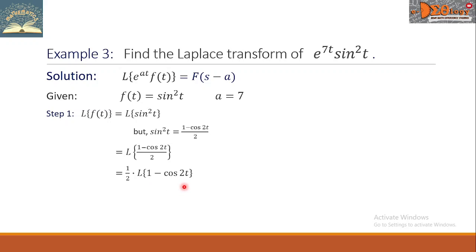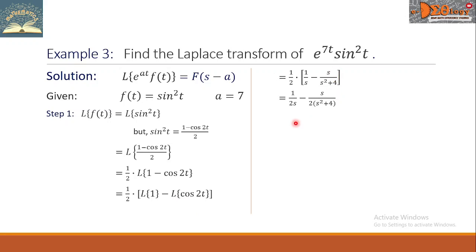From here, let us take the Laplace transform of respective terms, which means Laplace transform of 1 minus Laplace transform of cosine 2t. Let us evaluate the corresponding Laplace transforms. For Laplace transform of 1, that will be 1 over s, minus Laplace transform of cosine 2t, which is s over s squared plus 4.